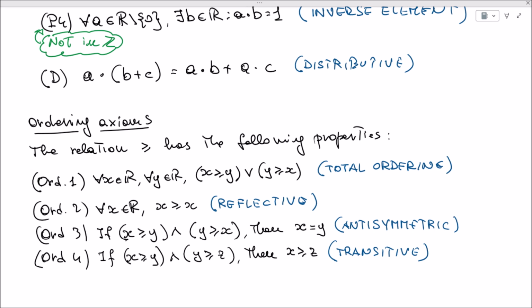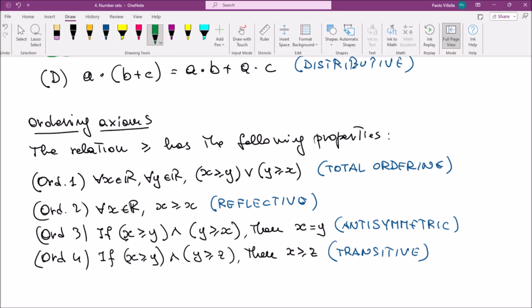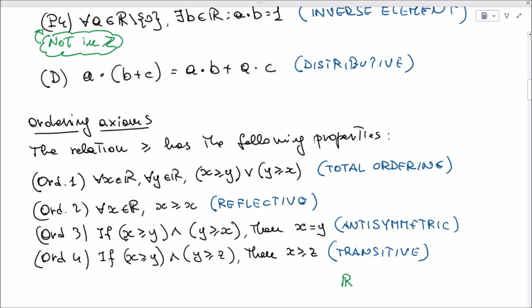Good. Now that we have listed all the axioms, there are also two other properties that basically put together the ordering with the operations of sum and product. Because remember that we have defined the quadruple R, plus, times and the relation.